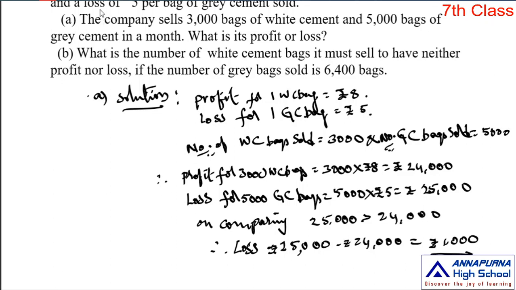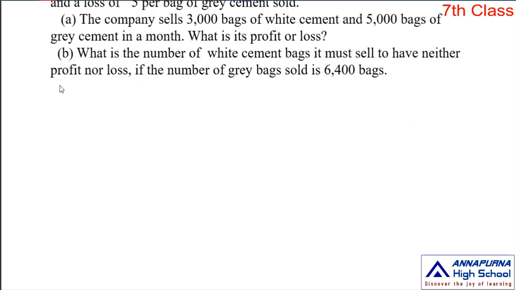And next, what is the number of white cement bags it must sell to have neither profit nor loss? If the number of grey cement bags sold is 6,400. Here the solution is simple.